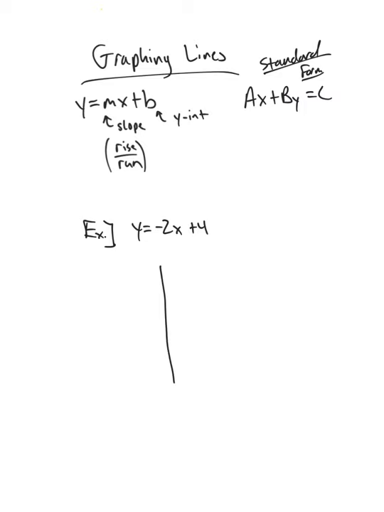And to do this, what we want to identify is slope. In this case, slope is negative 2, okay? Which, again, you can think of as rise over run. So negative 2 over 1, if you'd like to think of it as a fraction.